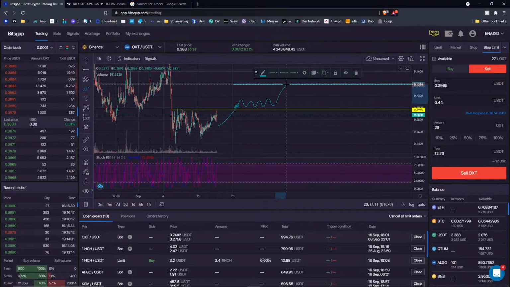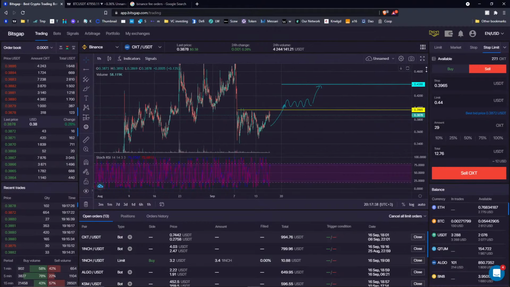And once it's triggered by the market price, it will plot a limit sell order at 0.44, so this is where it's going to set the sell limit order, and it's going to sell OXT from your balance.